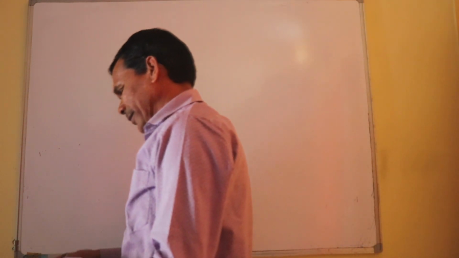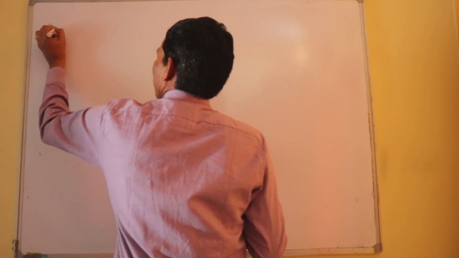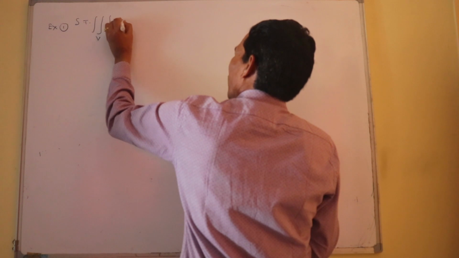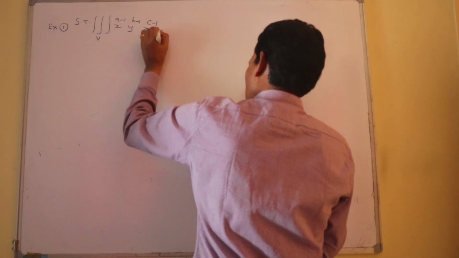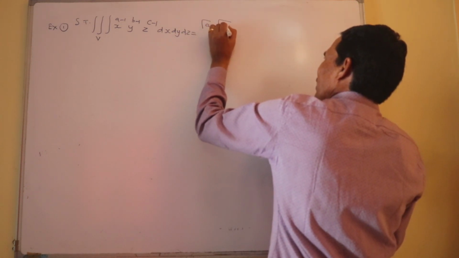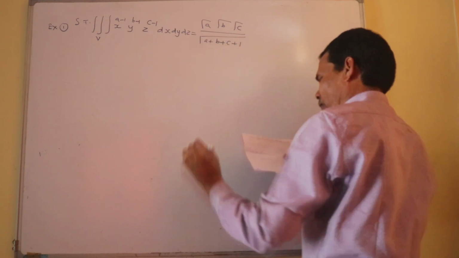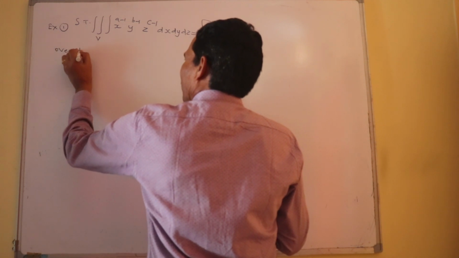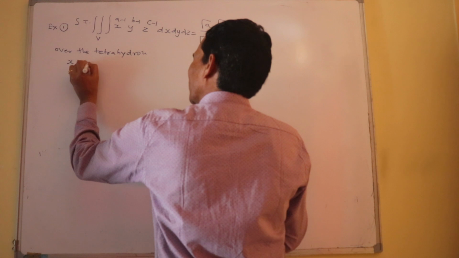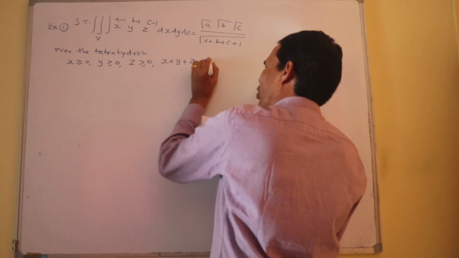Let us see examples. First example: show that the triple integration over V of x raised to a minus 1, y raised to b minus 1, z raised to c minus 1, dx dy dz, is equal to gamma a, gamma b, gamma c divided by gamma of a plus b plus c plus 1, where V is the tetrahedron bounded by x greater than 0, y greater than 0, z greater than 0, and x plus y plus z less than or equal to 1.